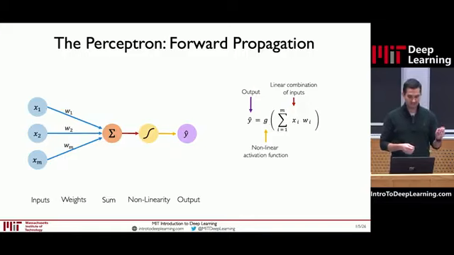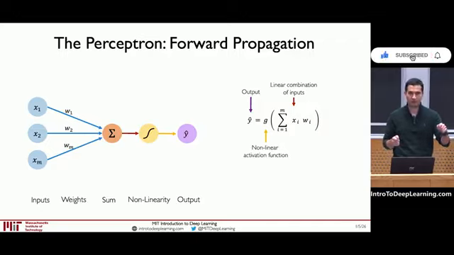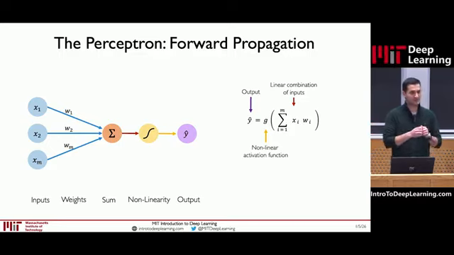It does this by taking each of those inputs, multiplying every input with a corresponding weight. Every input has a corresponding weight. So x1 corresponds to weight 1. x2 corresponds to weight 2. You multiply every weight with its corresponding input, and then you add up all of the answers, and then you pass this through to the output, with one more exception, which is that you also pass it through what's called an activation function.